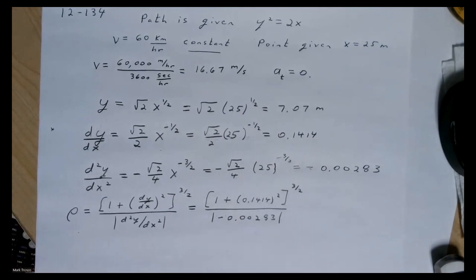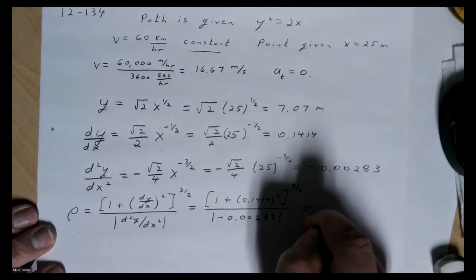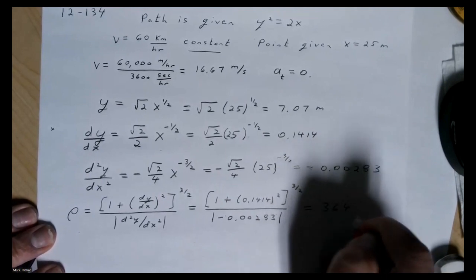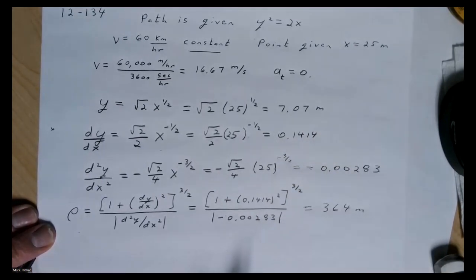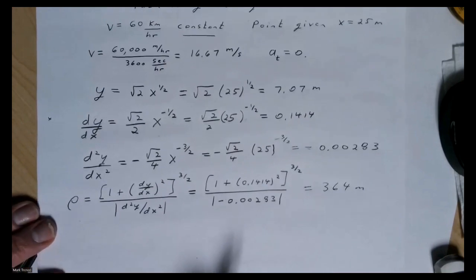And so let's put that into our calculator. And we get around 364 meters. It's going to be our radius of curvature.